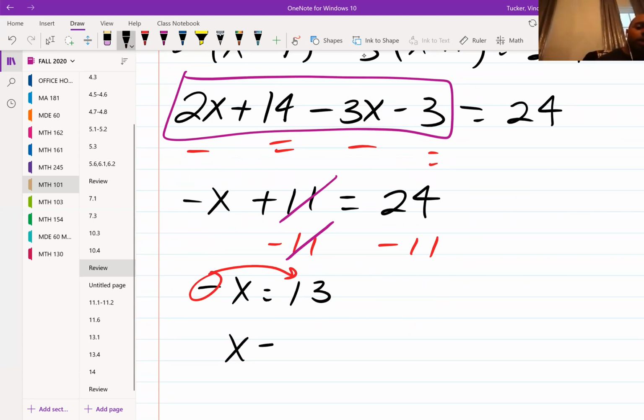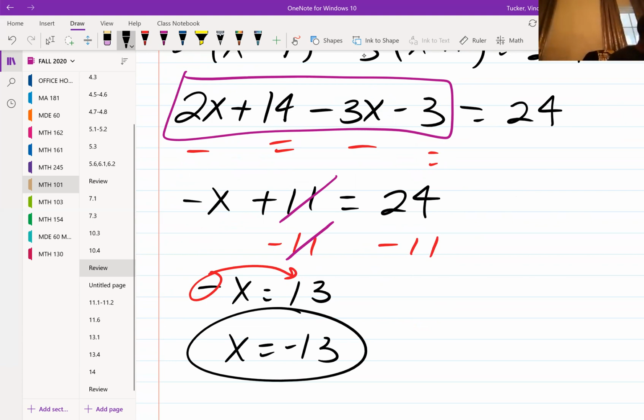Final answer is x equal to -13. All right, questions before we do another one.